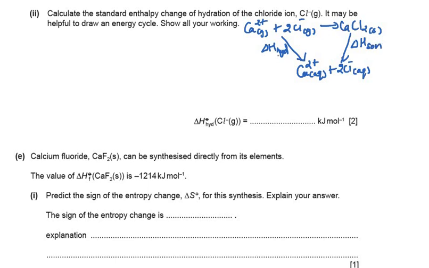So if we want to calculate enthalpy change of hydration, we need to summarize the enthalpy change of lattice and enthalpy change of solution. So let me first write the expression, that is enthalpy change of hydration is equal to enthalpy change of lattice plus enthalpy change of solution. Now if we talk about hydration, that's the summary of both the ions.